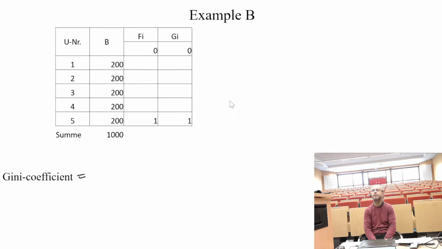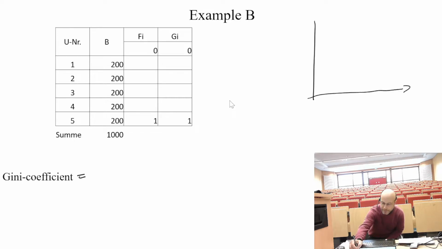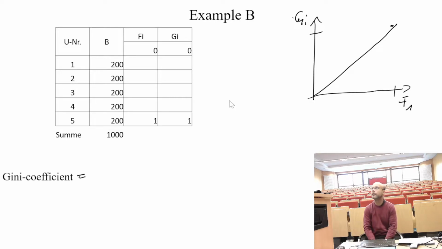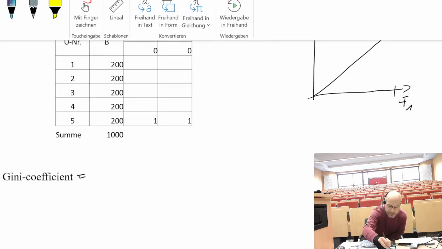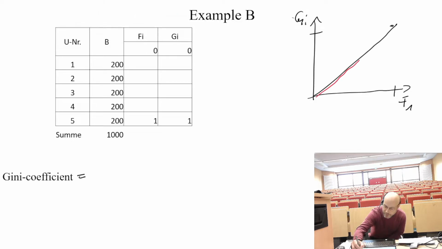And the Gini coefficient of the uniform distribution is 0, because our Lorenz curve is just also the straight line, and then the area between the uniform distribution and the uniform distribution itself is, of course, 0.